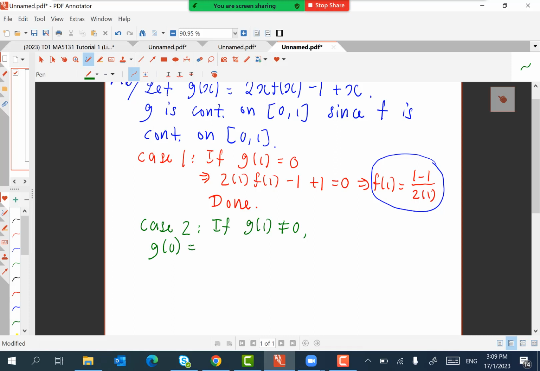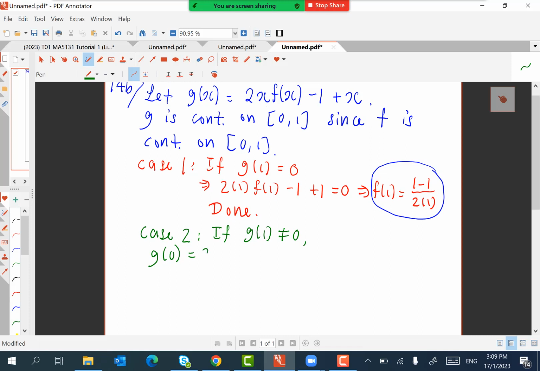Bear in mind what is g: g is 2x f(x) minus 1 plus 0, and this gives you minus 1, which is less than 0. Why minus 1? Because this whole thing will be 0, because there's a 0 here.